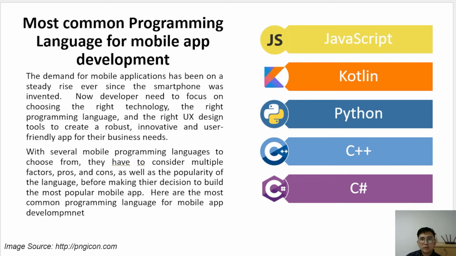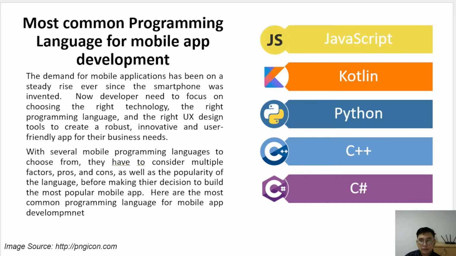Whether we want it for business, for an entertainment mobile app, or even for creative use of mobile applications, there are several mobile programming languages we can choose from. For example, we have JavaScript that I mentioned earlier as part of web applications.